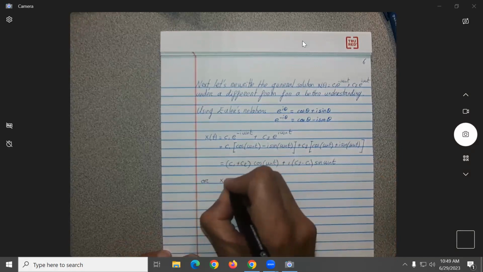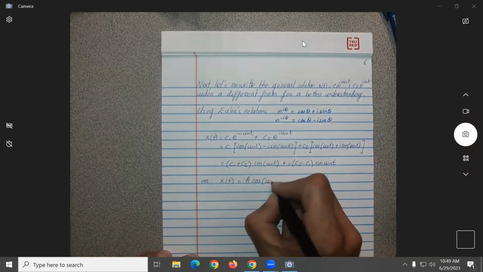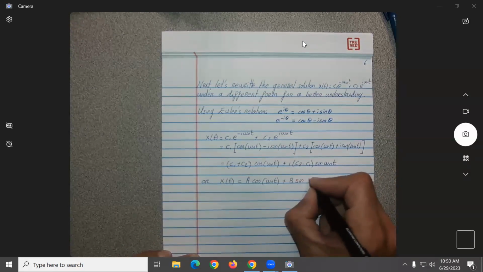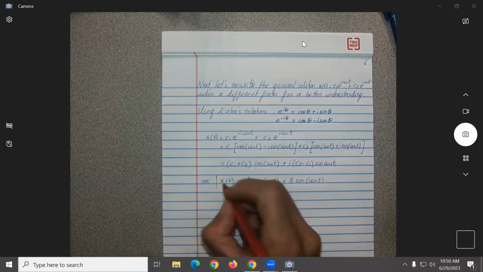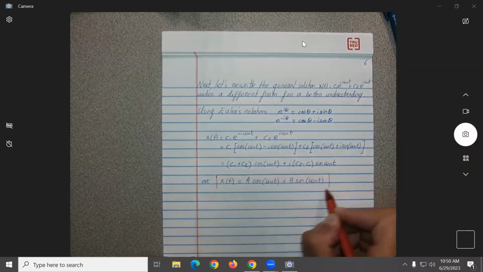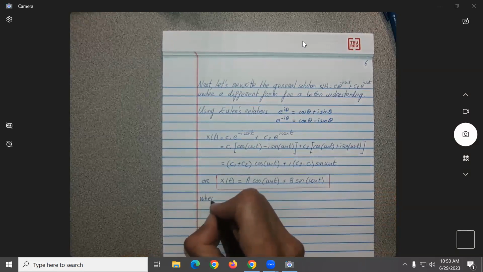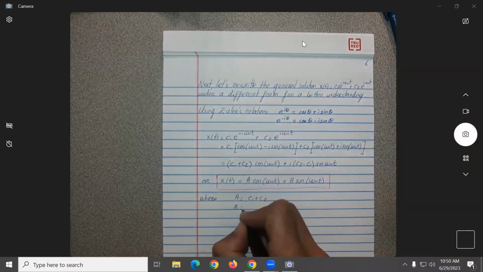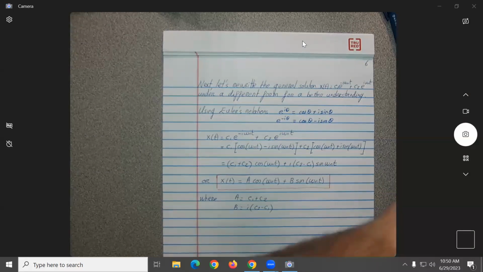Or you can write this as x of t equal to a cosine omega n t plus b sine omega n t, where a will be equal just to c1 plus c2, and b will be equal to i times c2 minus c1.